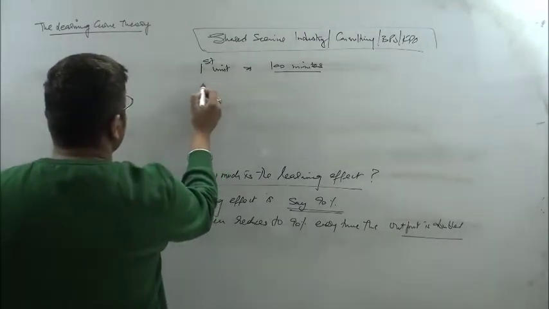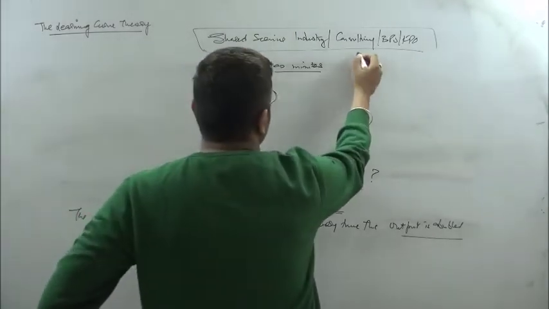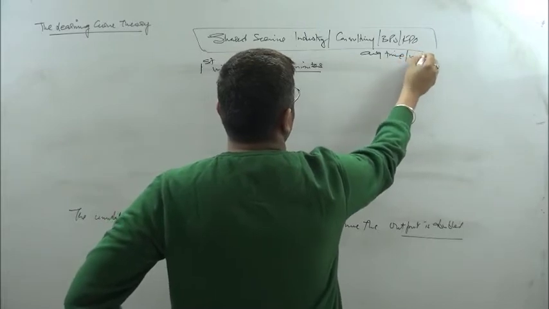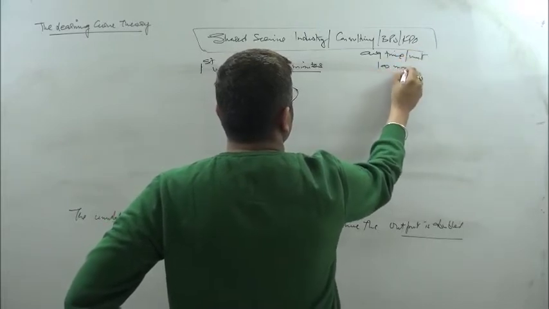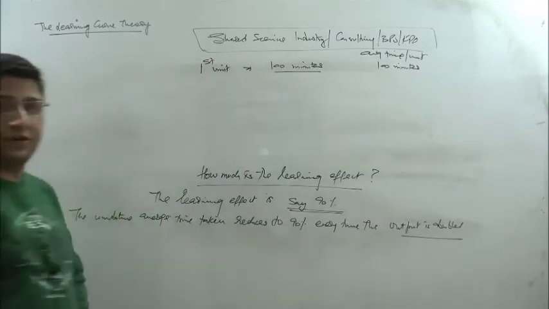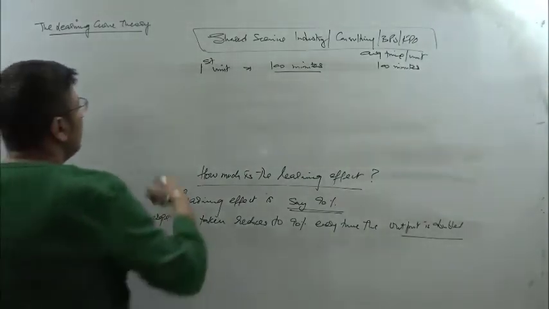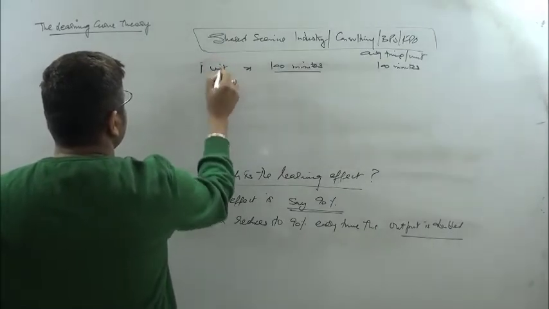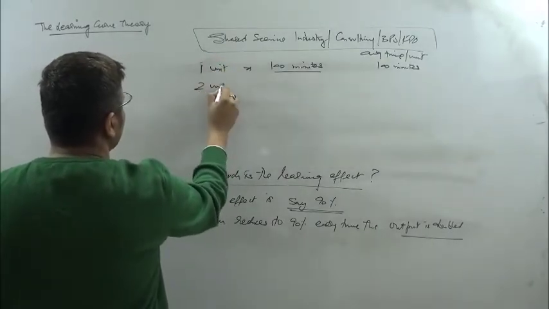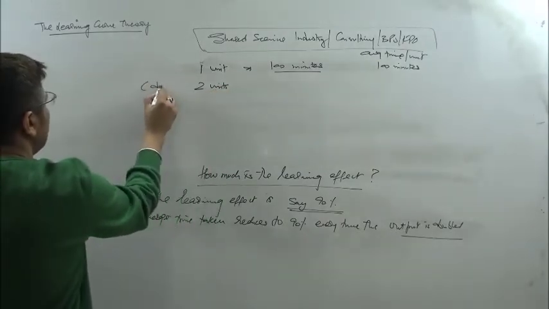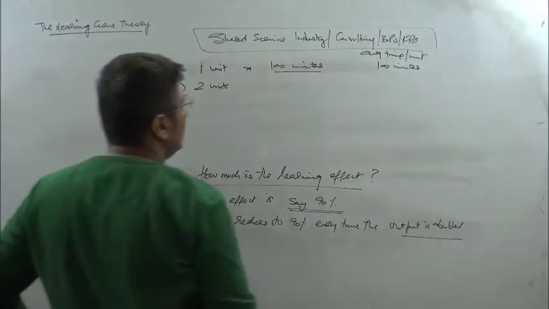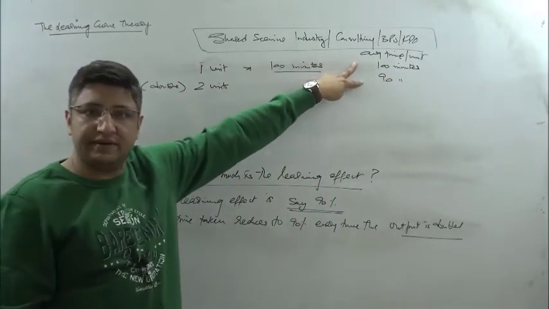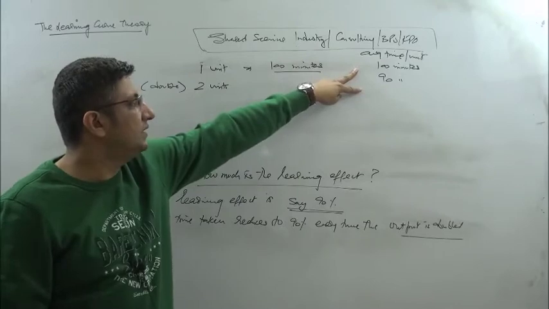So here we are saying that the average time per unit, of course, is 100 minutes. Now I'm saying that the moment I go to 2 units, the moment I double the output, my average time now goes to 90 minutes here, right? That is an important consideration.